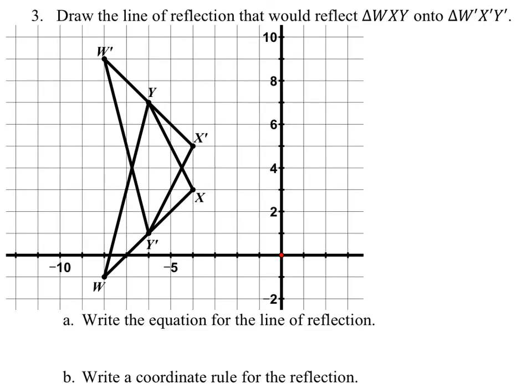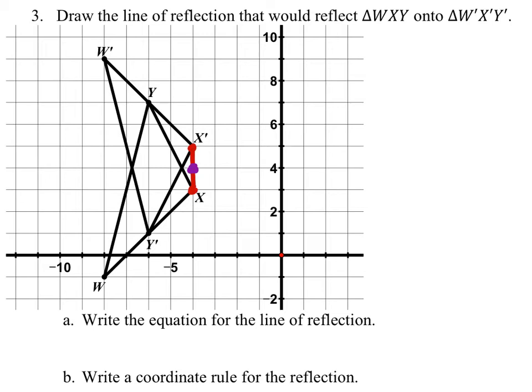All right, let's draw the line of reflection that would reflect WXY onto W prime X prime Y prime. All right, so we're going to do the same thing we did on that last one. I've got my pre-image point X and my image point X prime. I'm just going to connect those two, and I'm going to put a point halfway between the two.